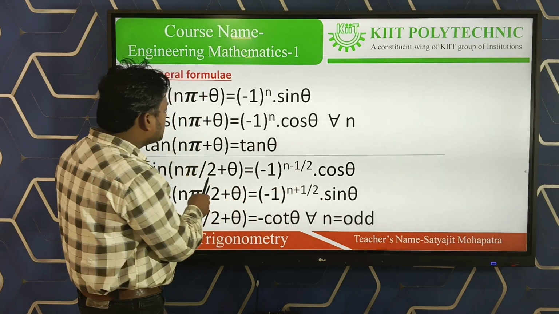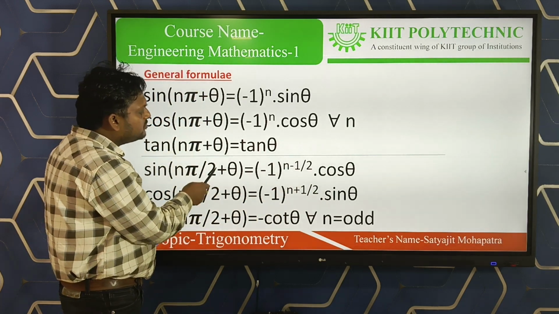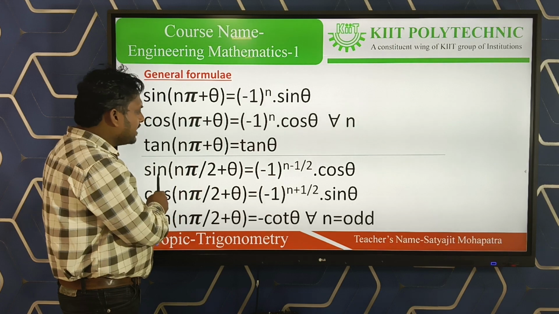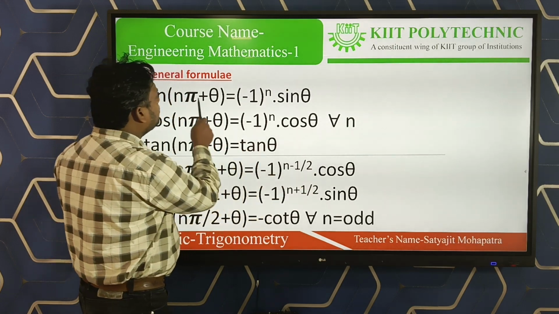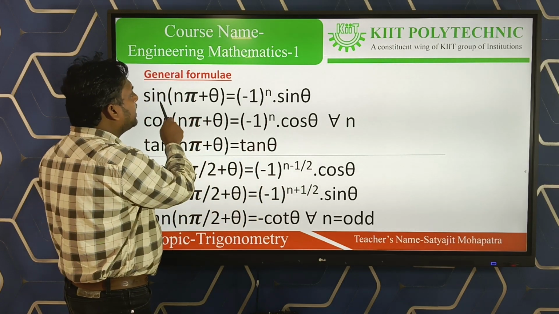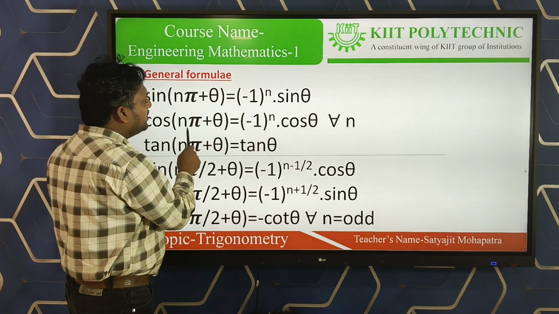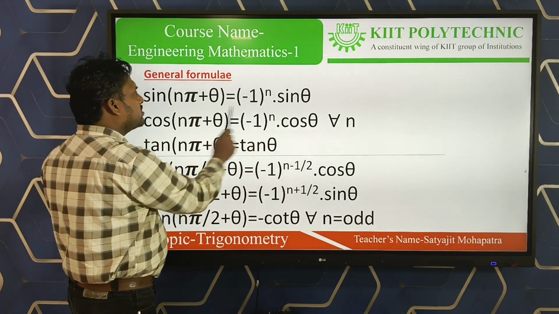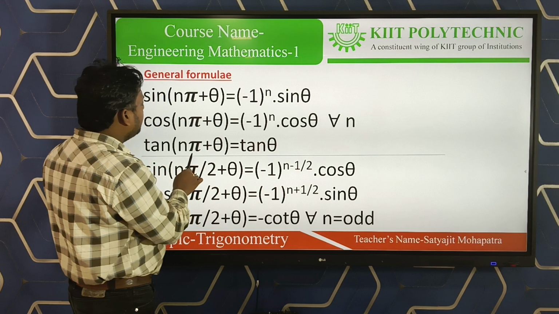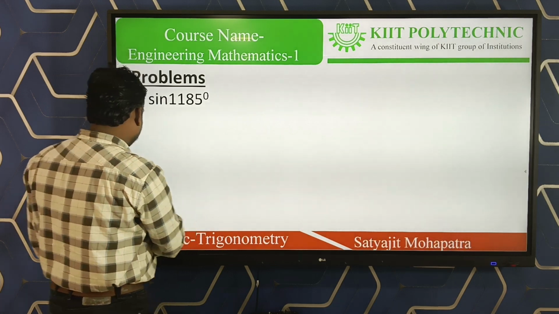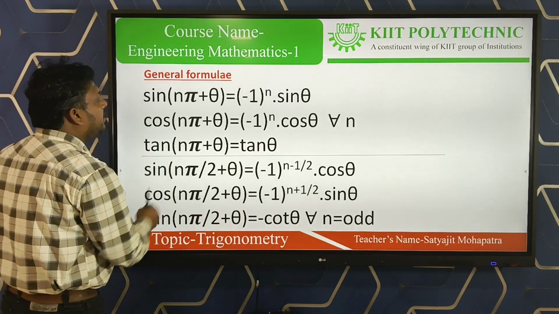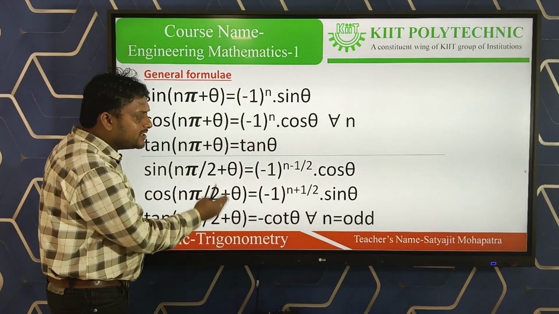How cos theta? Because I have just told you, if you see 90 degree, pi by 2, sine changes to cos. If you see pi, no change, sine remains sine. Pi means 180, no change, cos remains cos. For pi, tan remains tan. Here, for pi by 2, changes occur.